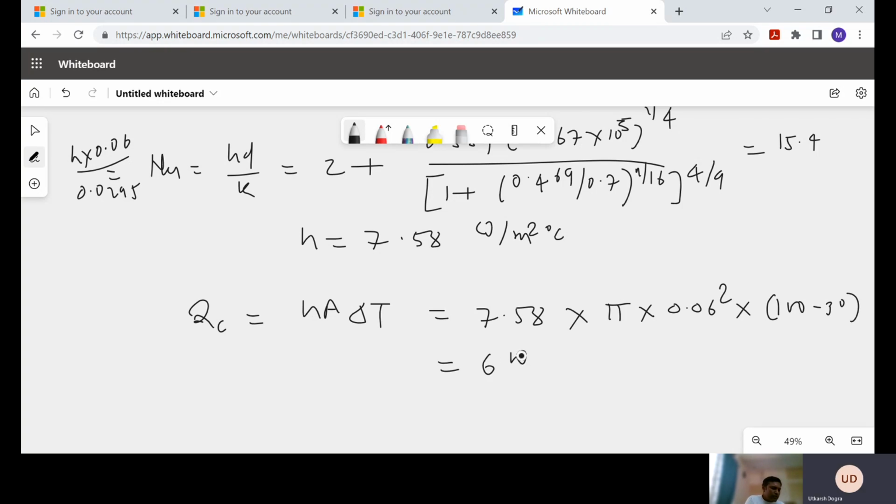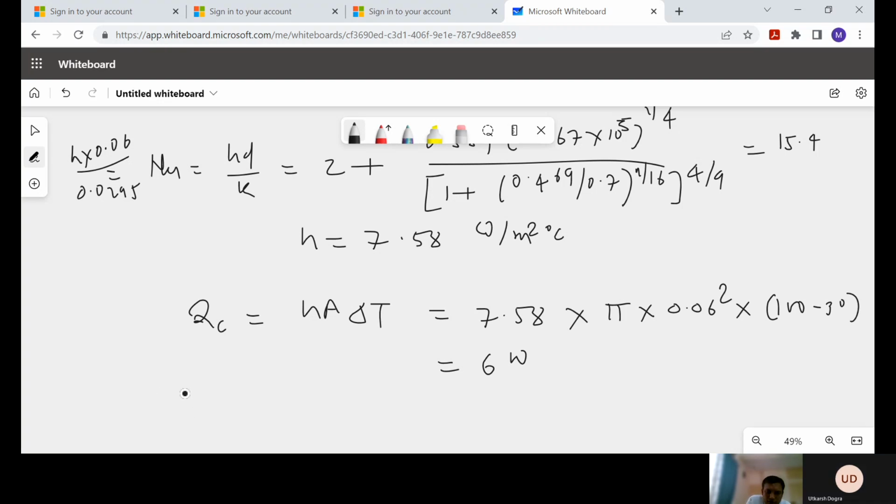Yes, sir. So approximately 6 watt is the heat taken by convection, and almost 5.6 we have obtained from the radiation. So what is the total heat dissipated?